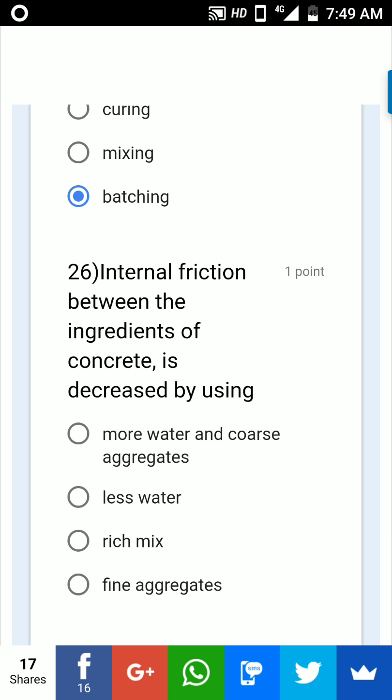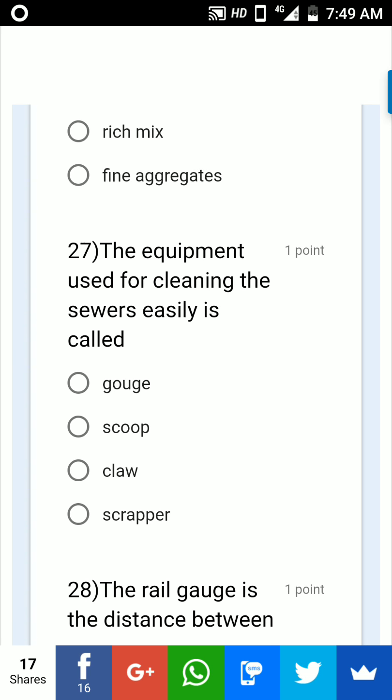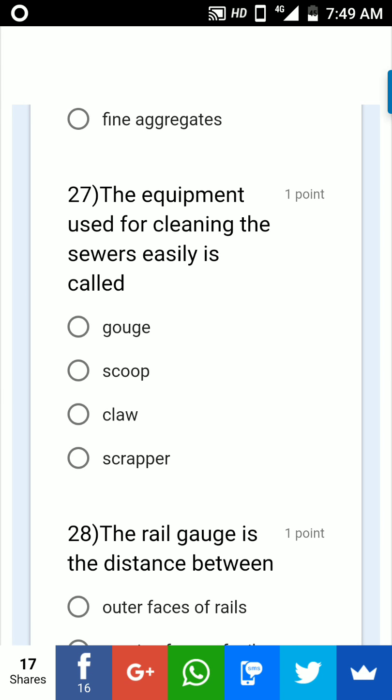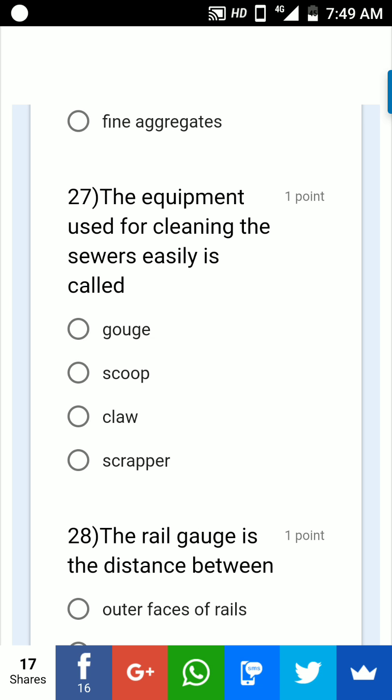Internal friction between the ingredients of the concrete is decreased by using more water and coarse aggregate. The equipment used for cleaning the sewer easily is called a scraper. What do we clean the sewer with? Scraper.